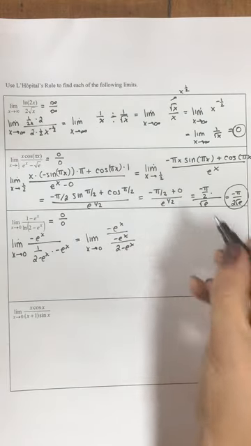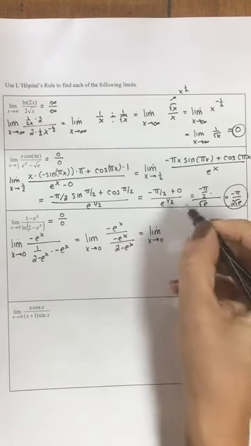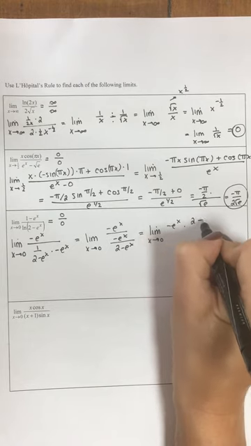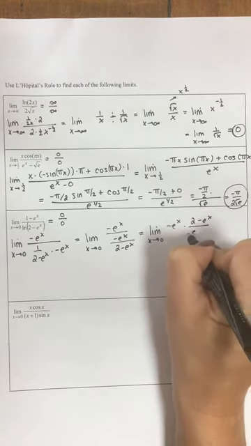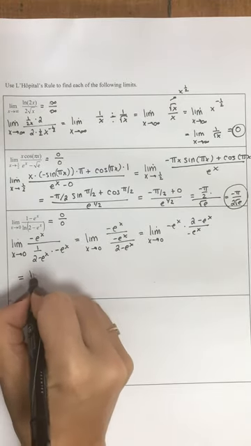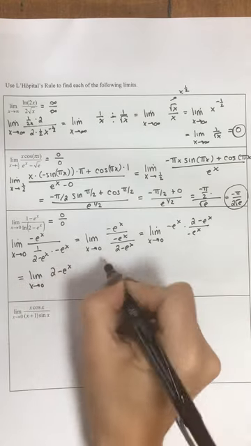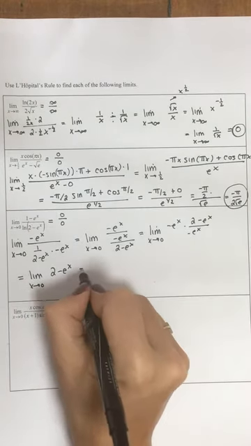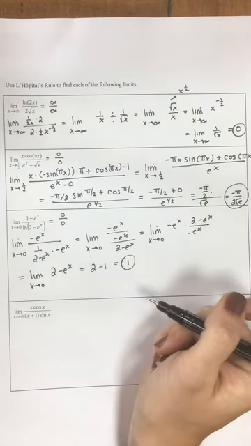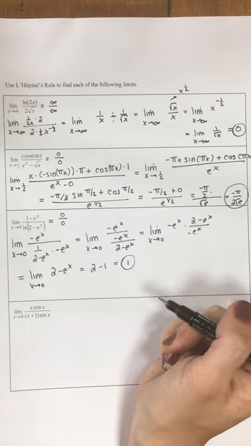I didn't really need to do that step, I guess, but thinking about how you deal with fractions, the negative e to the x terms divide out. This is equal to the limit, x goes to 0, 2 minus e to the x, direct substitution, 2 minus 1. This limit is equal to 1. Just plain old number 1.